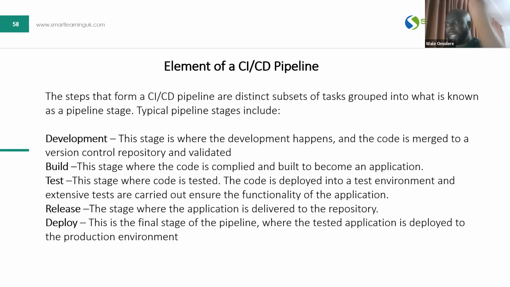All right. The release, like I said, is where the application is delivered to the repository. Then the deploy, this is the final stage of the pipeline where the tested application is deployed to the production environment.